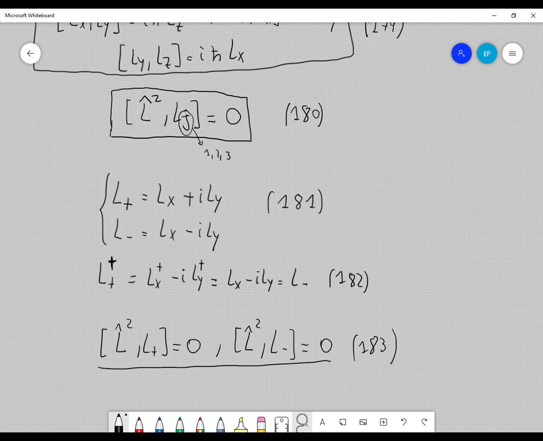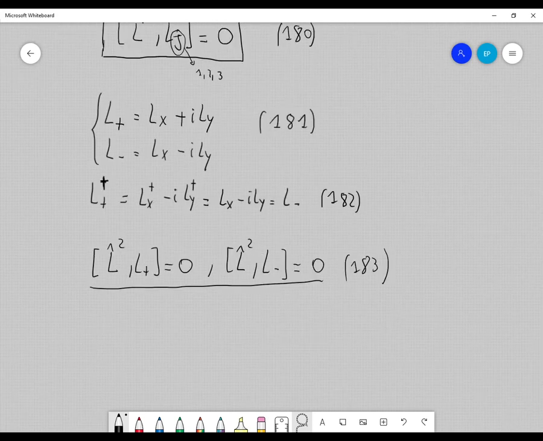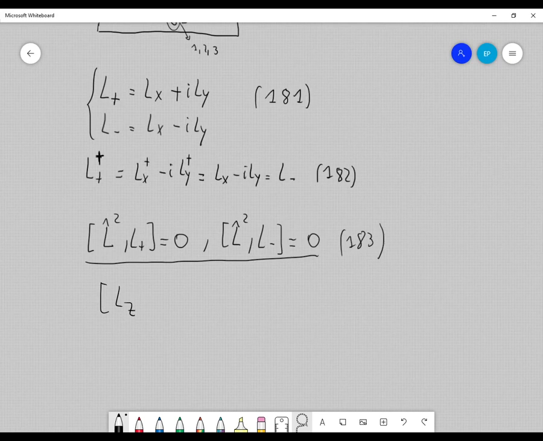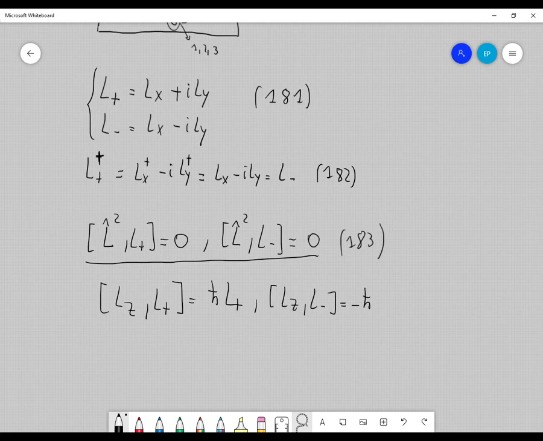And you can also find the commutators between Lz and L plus, which is equal to h bar L plus, and also the commutator between Lz and L minus, which is minus h bar L minus.